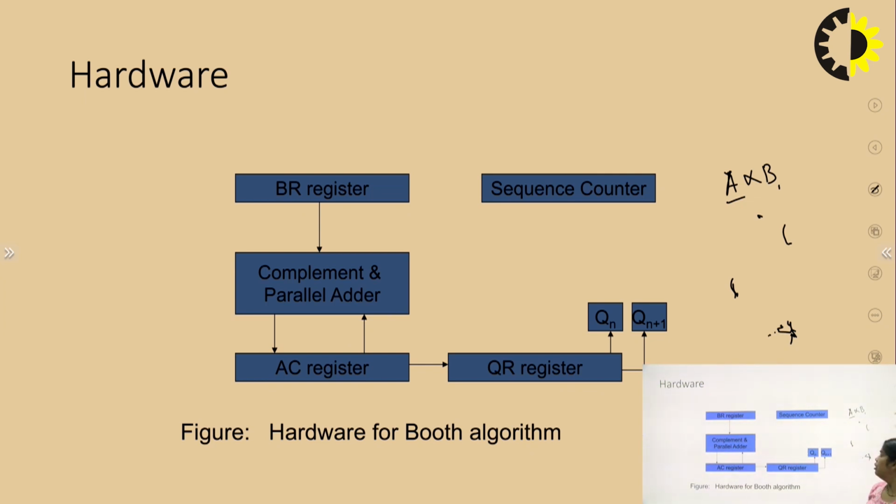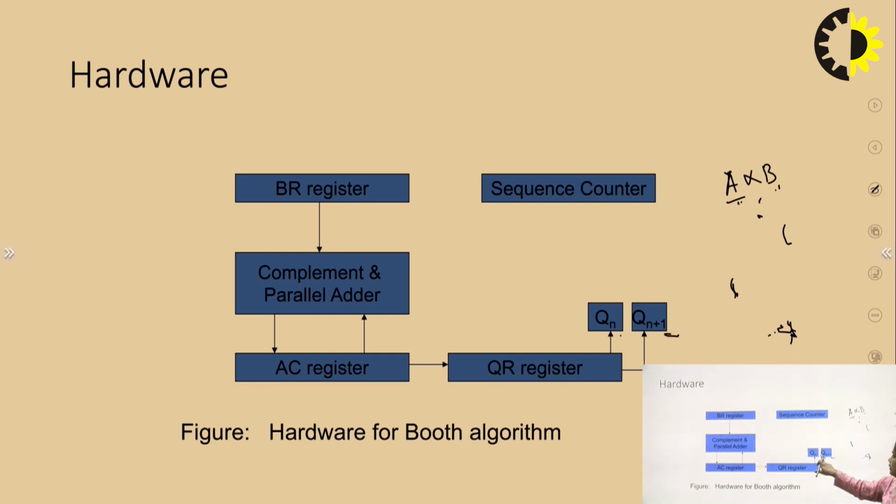Actually, the complete storage of the result will be considered with the help of the accumulator and QR register, AC and QR. So, if I am saying there is a 4-bit A register and a 4-bit B register, it means what? The result may be 8 or 9 bits. That's why we are taking these two registers. And the next one, the last bit of the QR register, is the multiplier value. This multiplier bit is considered as QN, and the second one is QN plus 1.